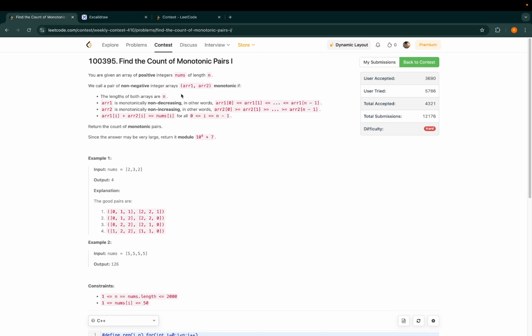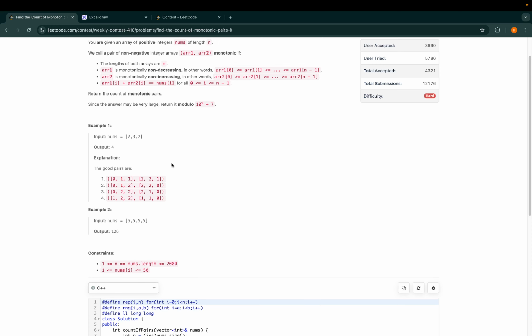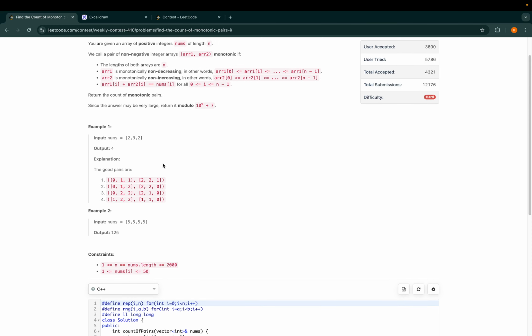Basically, array 1, which you want to find, is non-decreasing, and array 2 is non-increasing. And since there can be a lot of such arrays, you want to find how many such arrays satisfy the condition. So it's a pretty straightforward problem to understand. Nothing much going on here.